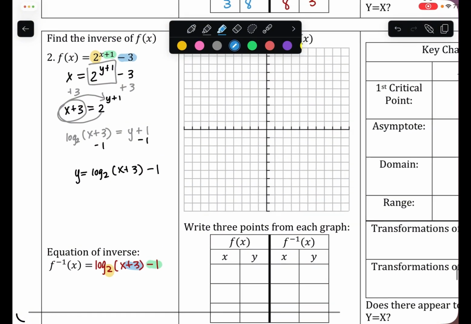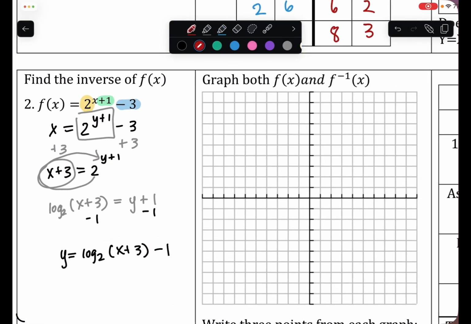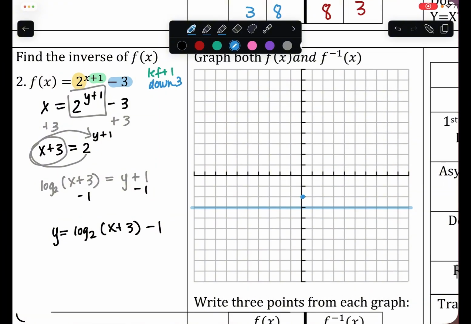Okay, and so now to graph these, we're going to use our transformation. So looking at my original function, it's base 2 shifted left 1, down 3. Okay, so for exponential functions, you always start with the horizontal asymptote, and then your 1 away point is on the y-axis unless it's been shifted left or right.